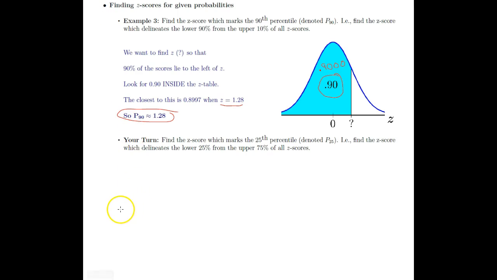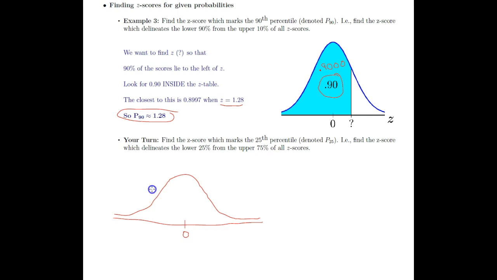Alright, great. So here's my start to draw my curve. I do this for every problem. I strongly recommend that you do too. Don't try to just wing these. What we're looking for is the lower 25% from the upper 75%. So first of all, is that going to be to the left of 0 or to the right of 0?